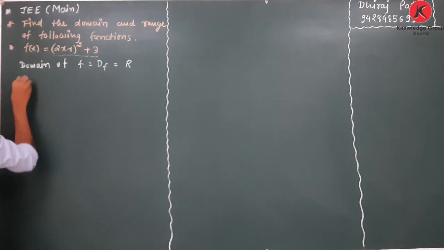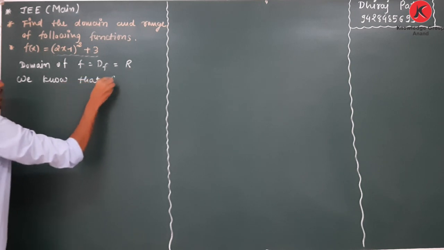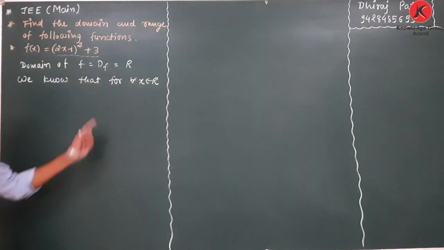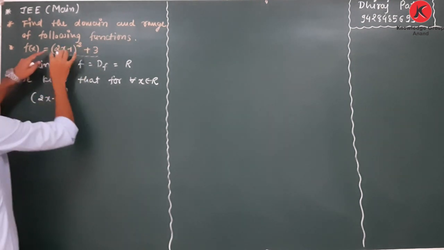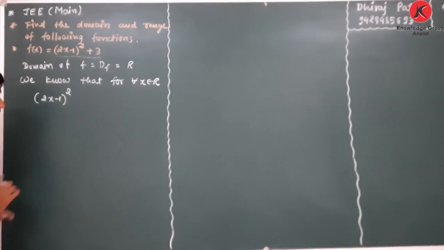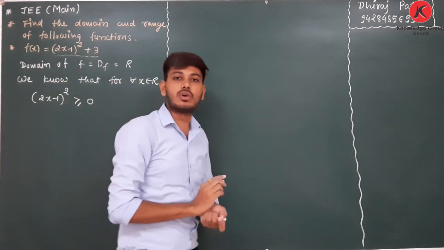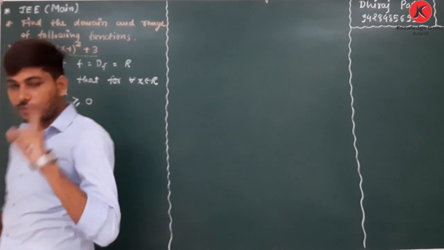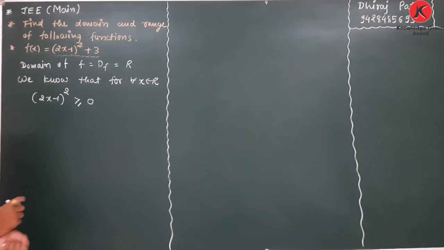Therefore, we can say that for every x belongs to R, for every x as a real number, (2x minus 1) whole square, this whole term is a perfect square, and the answer of a perfect square term is always positive or equal to 0. This is our logic. Clear? So remember, perfect square or modulus is always positive or equal to 0.